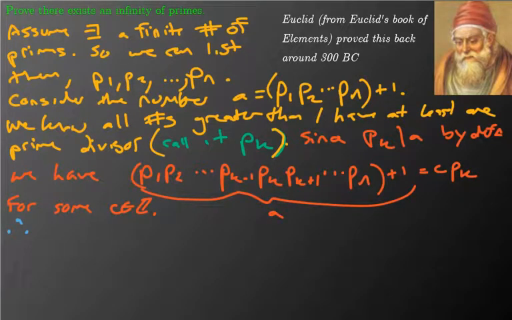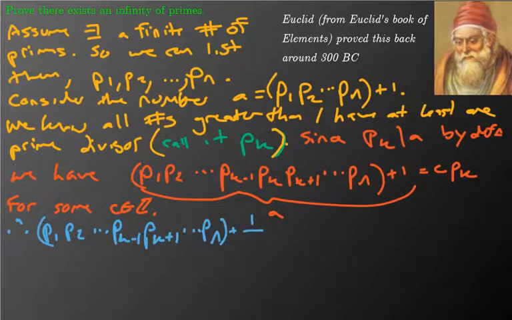Therefore, we know that P1, P2, blah, blah, blah, multiplied together, ... Pn, this thing plus 1 over pk, that's what I'm dividing by, would equal c.